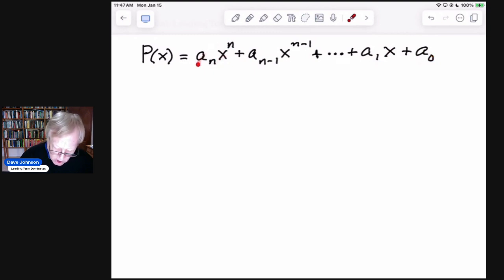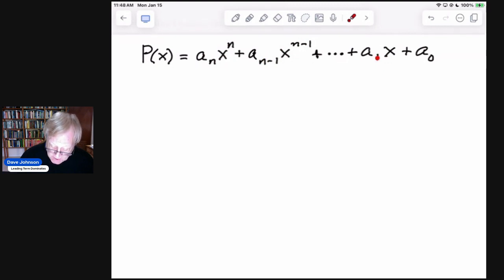And so this we call the leading term because it has the highest degree of all the terms. So n in this case, n minus 1 is smaller. And you write them usually in descending order by degree. So this is the nth degree term, this is the n minus first degree term, and so on. This is the first degree term, the linear term, because there's a 1 here which is not written.